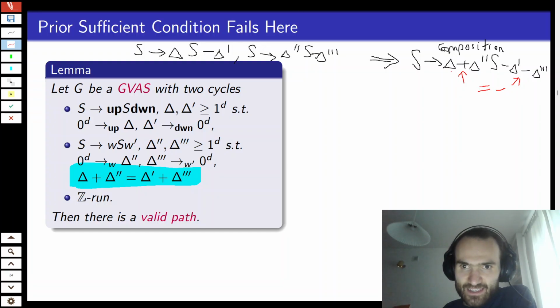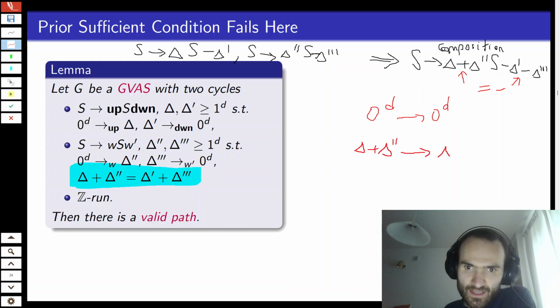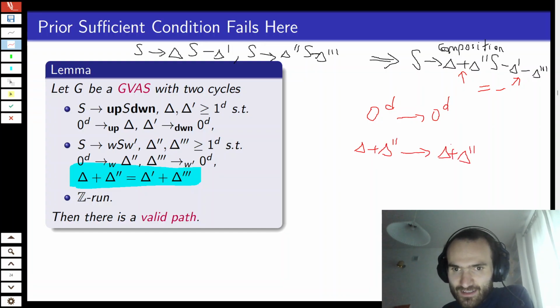What this means is, if you want to go from 0 to the d to 0 to the d, now if you apply the cycle, you want to go from delta plus delta prime prime to delta plus delta prime prime. Well, you had one more dash here. You had here delta prime plus delta prime prime prime, but these are equal. So you can write here delta plus delta prime prime.